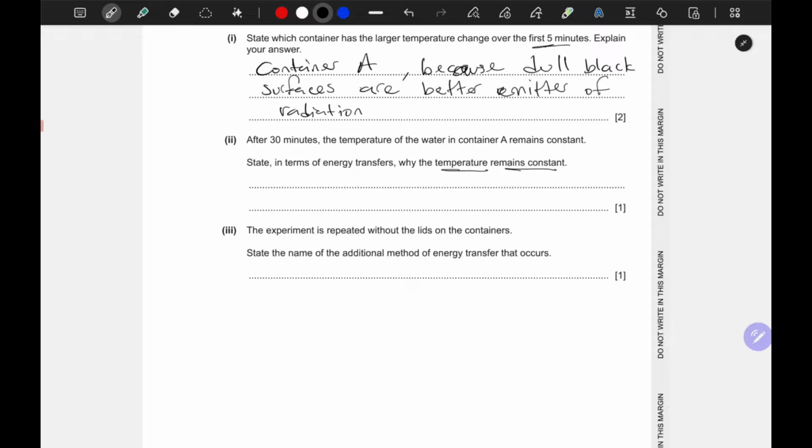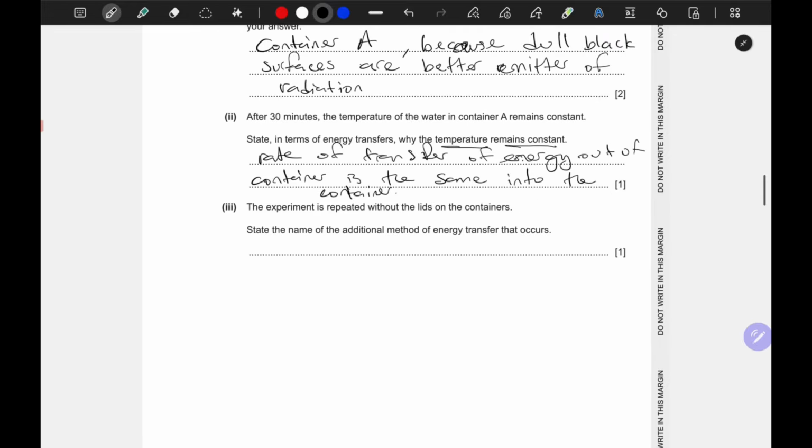Whenever the temperature remains constant, that means the rate of transfer of energy out of the container is the same as the rate of transfer of energy into the container. So basically they cancel out each other, so there's no change.